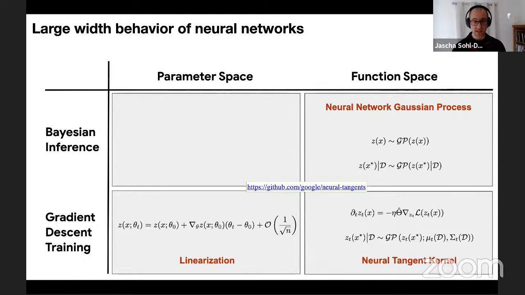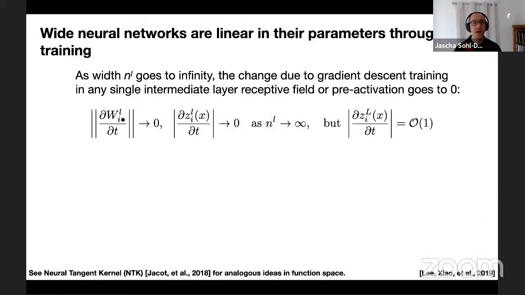I'm only going to discuss the infinite width limit of gradient descent trained networks at a really high level, but let's just try to build some intuition for it. The core effect is that in the large width limit, the infinite number of units in intermediate layers of the neural network each change by an infinitesimal amount over the entire course of training.